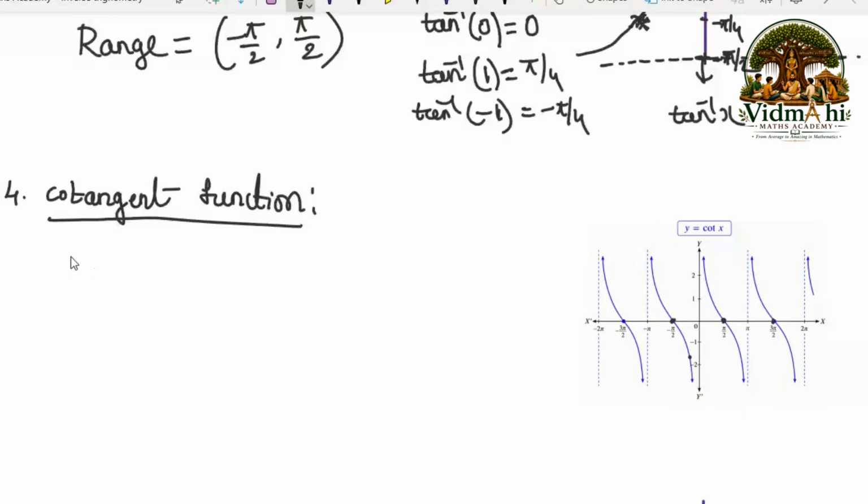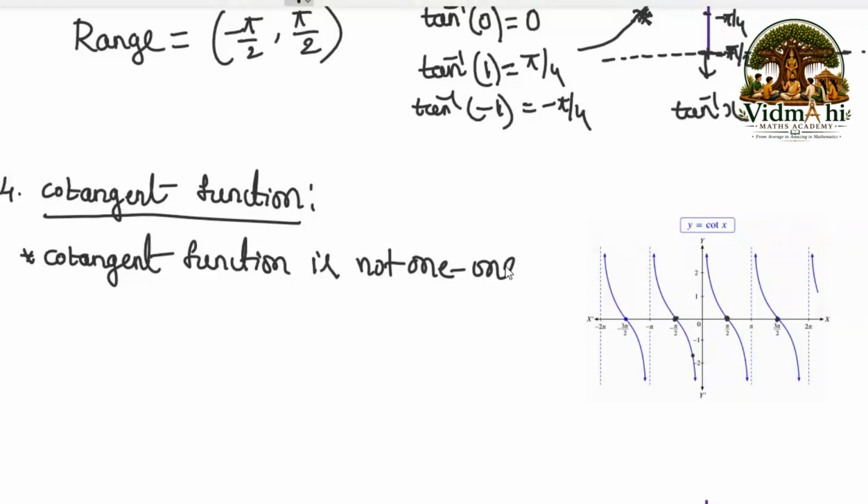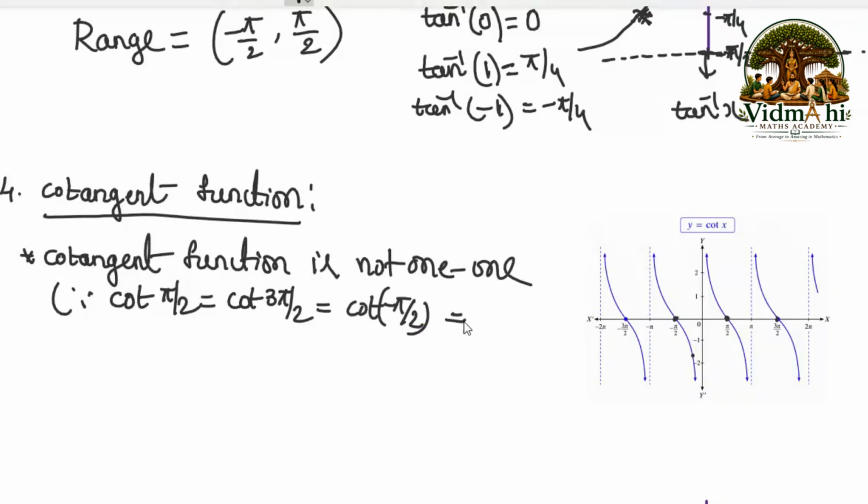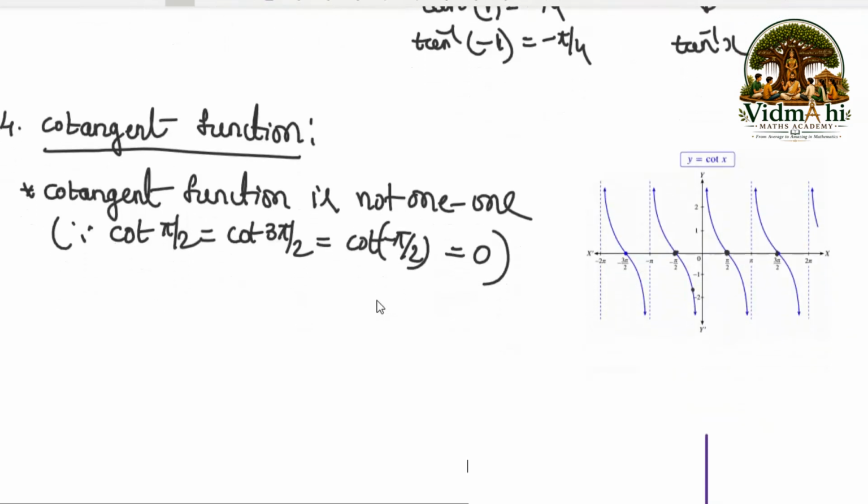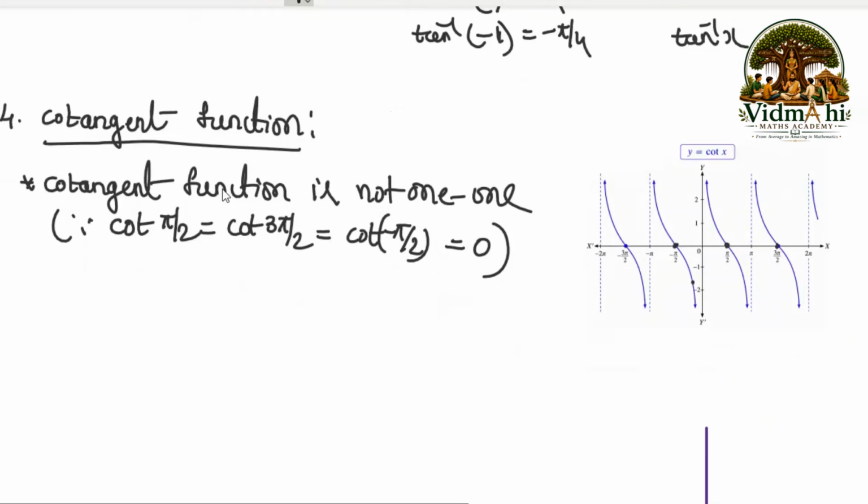So the cot function is not one-one, since cot 90 is equal to cot 3 pi by 2 is equal to cot minus 90 is equal to 0. That means multiple elements have the same image, the same value. Therefore, the cot function is not one-one.